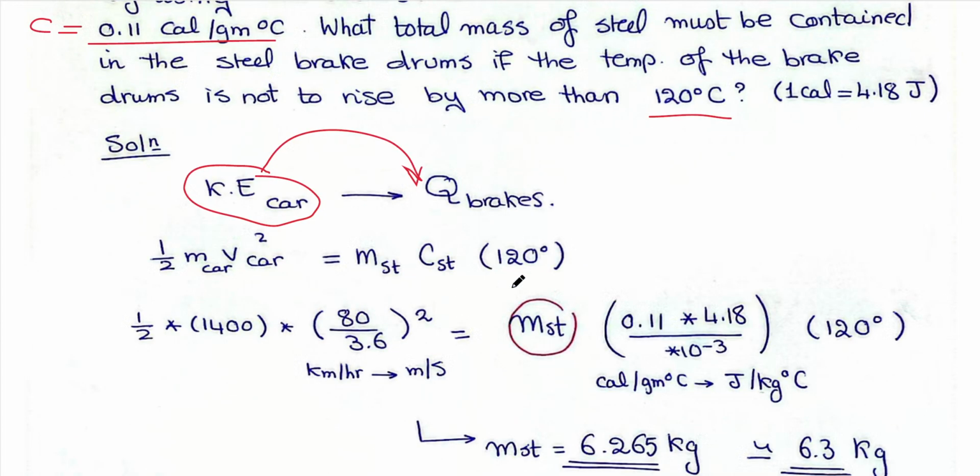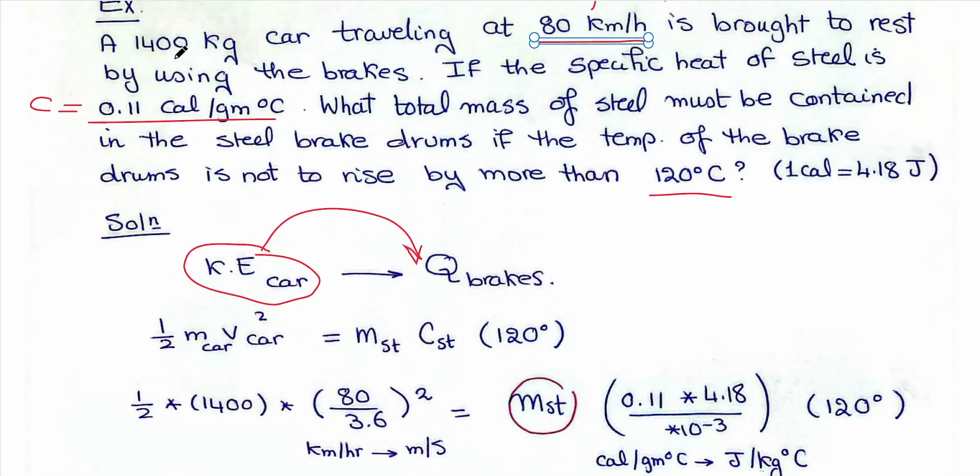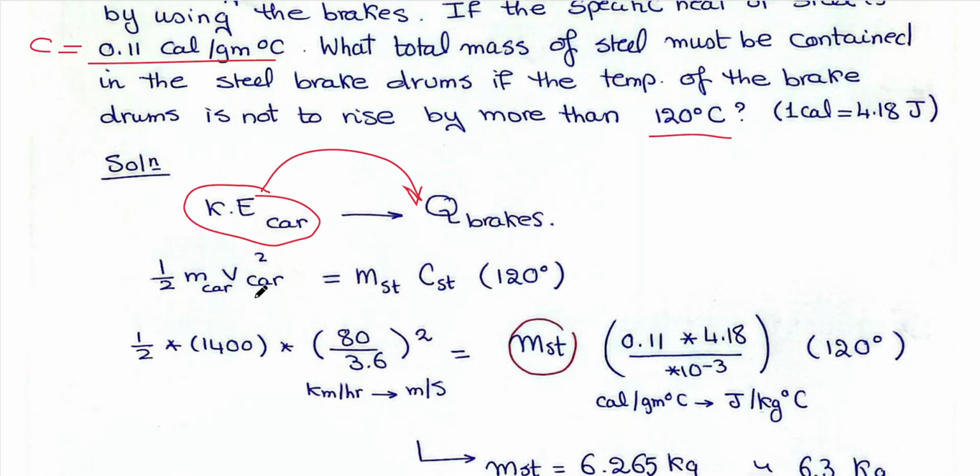It's given that delta T will not exceed 120 degrees. Substitute: half the mass of the car is 1500 kilograms. The velocity of the car is 80 kilometers per hour. I will convert it to meters per second, then square it, which equals m steel.